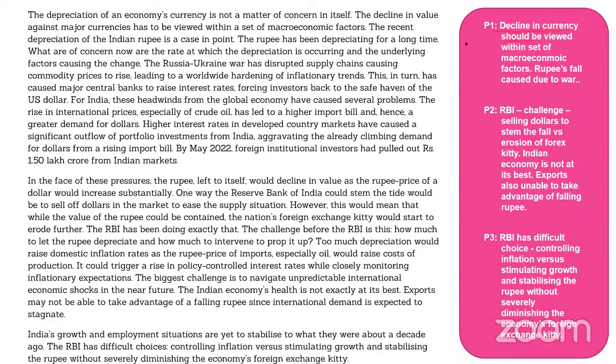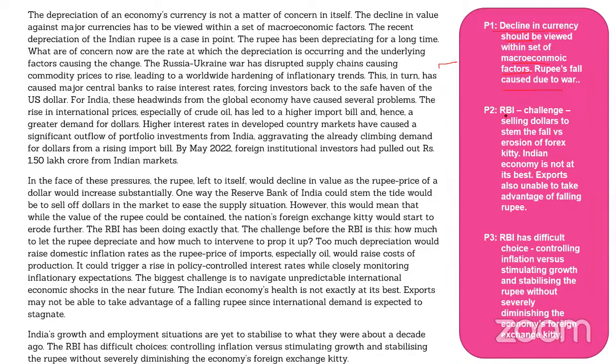That was the content. The author is saying that if currency is declining on its own, that's not the problem, but we need to look at the macroeconomic factors. The rupee's fall is being discussed. So, content plus judgment: the fall of currency, and the author's judgment on it, that we need to look at the macroeconomic factors. Then he has discussed what is happening with the rupee.